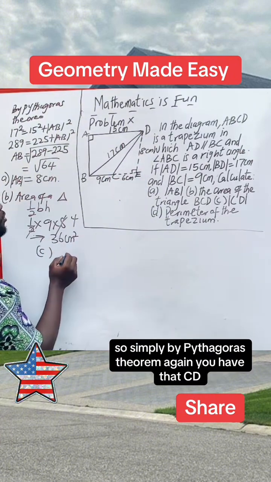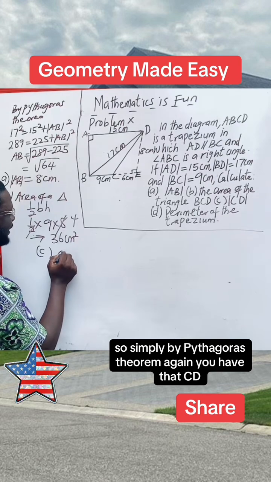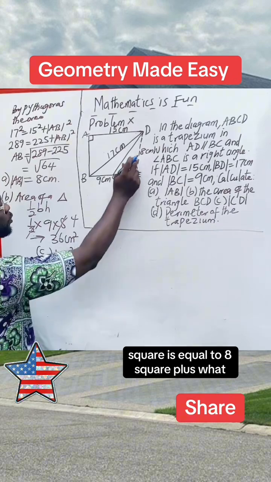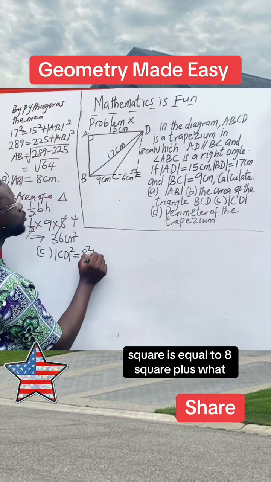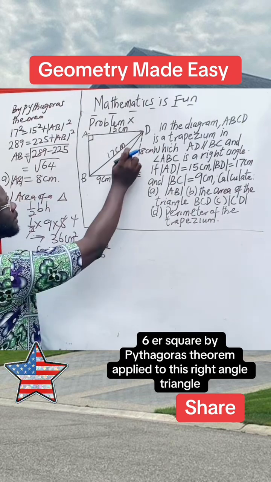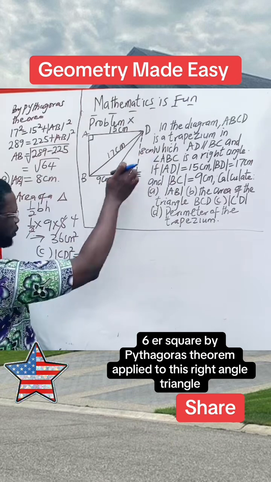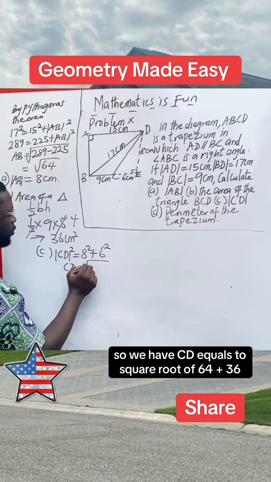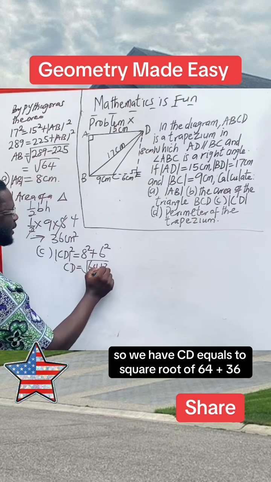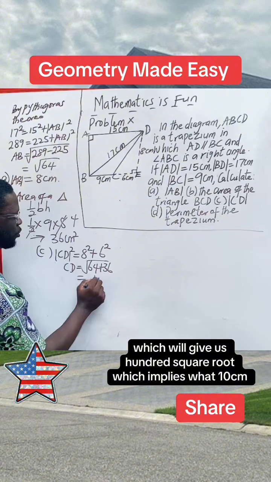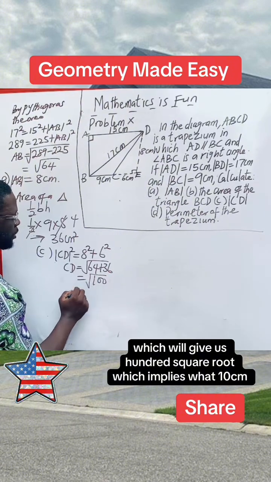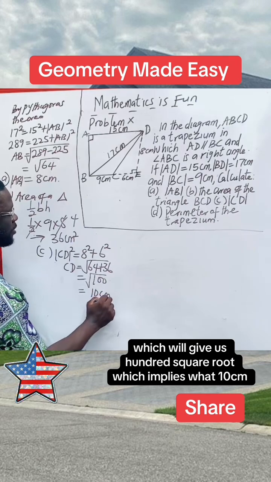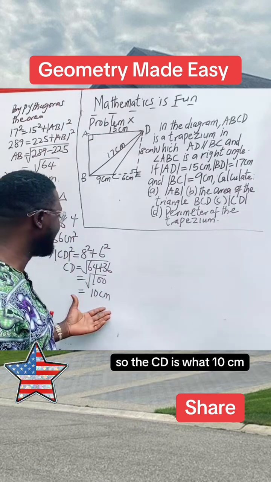Simply by Pythagoras theorem again, we have that CD squared is equal to 8 squared plus 6 squared, by Pythagoras theorem applied to this right angle triangle. So we have CD equals the square root of 64 plus 36, which will give us the square root of 100, which implies 10 cm. So the CD is 10 cm.